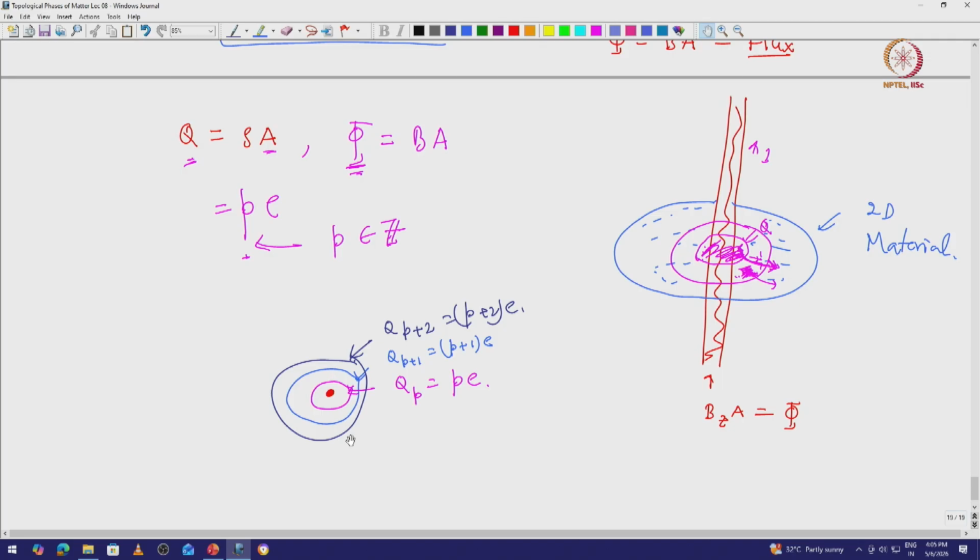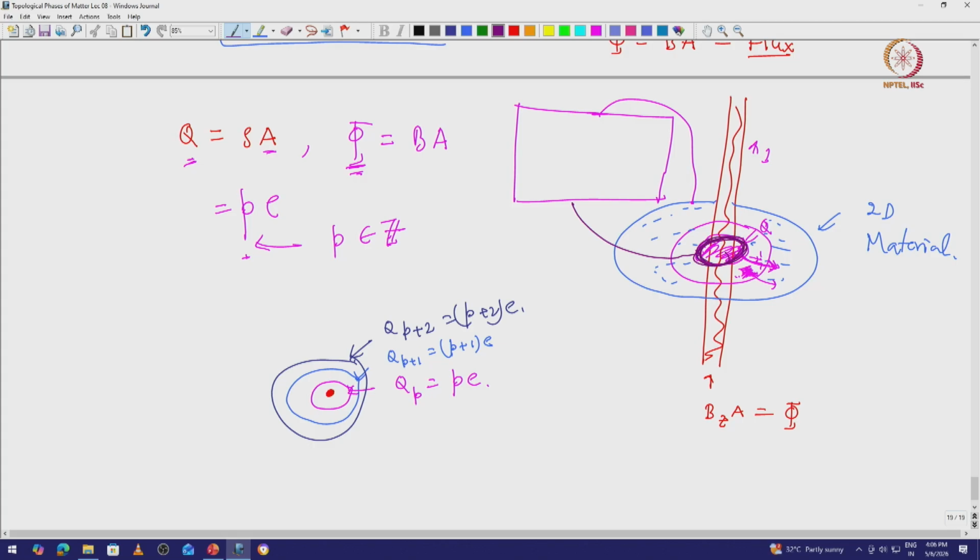So, what we have done is that this is one of the edges, and this is a kind of stereographic projection of the Hall bar that we had. Our Hall bar was like this. On this side we have made it this side. So, this is actually a hollow disc.